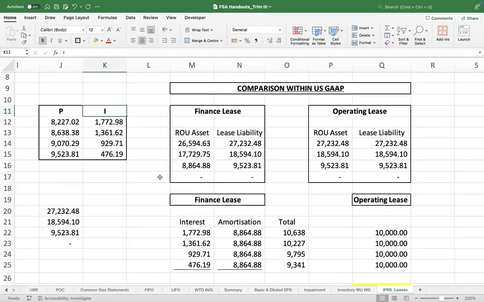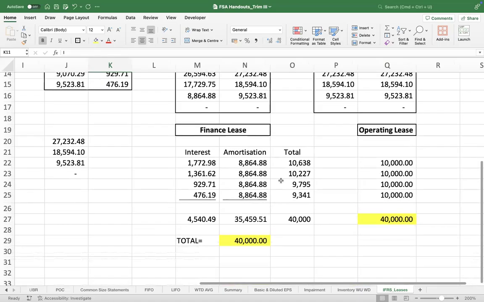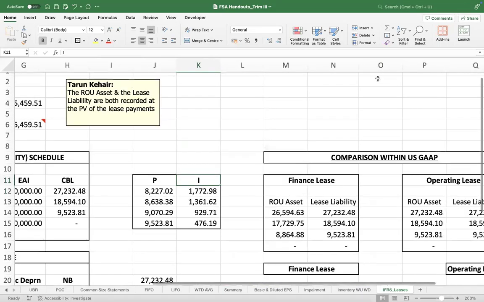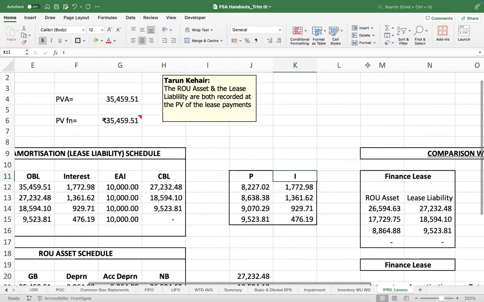But the lease liability schedule will exactly match the ROU schedule in operating lease as per US GAAP, and only the principal amounts would be reduced. That is the point. Same aega. Okay. So that's it for finance and operating lease.